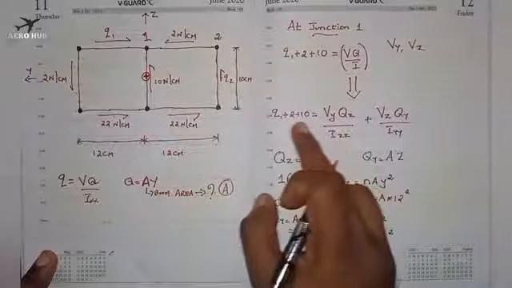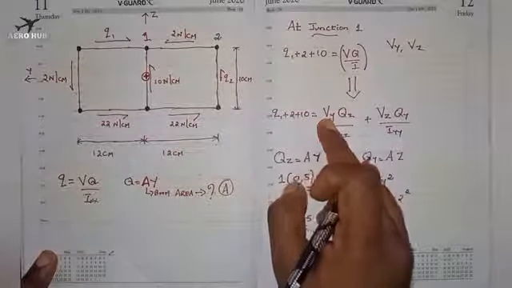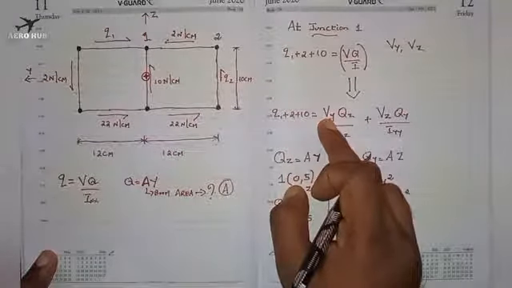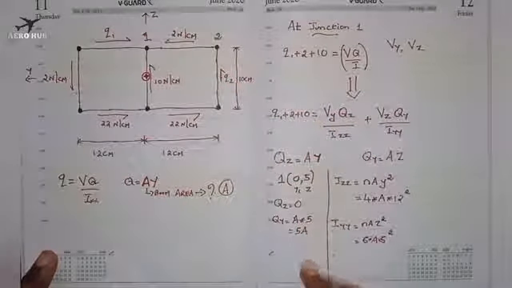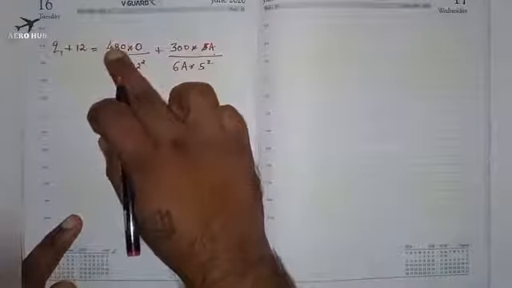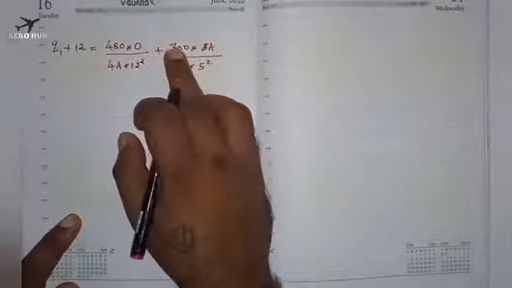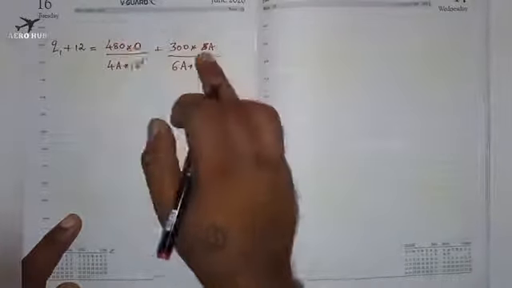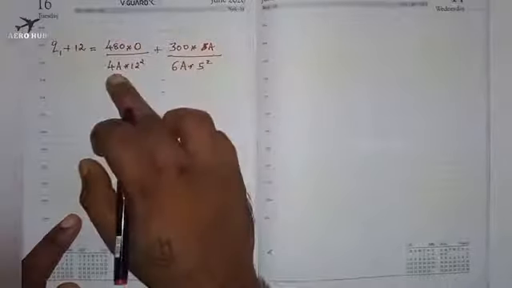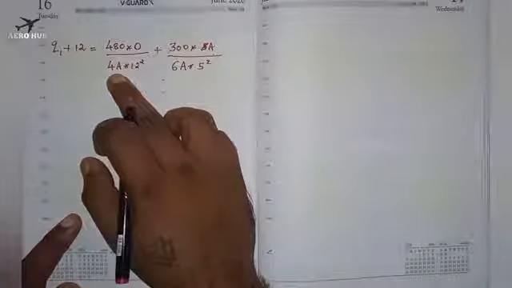Then you substitute the value of Vy, which is 480 Newton, and Vz, which is 300 Newton. With Qz equal to 0 and Qy equal to 5A, Izz is 4A into 12 square and Iyy is 6A into 5 square.